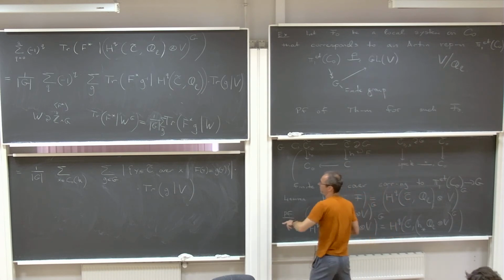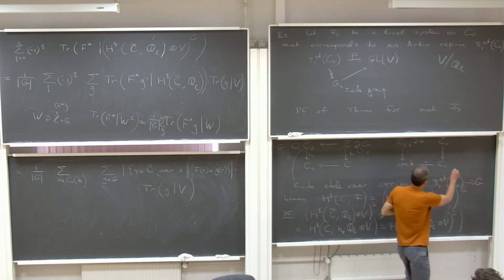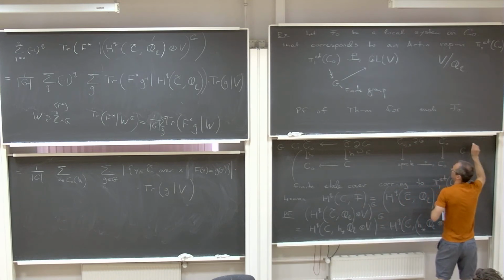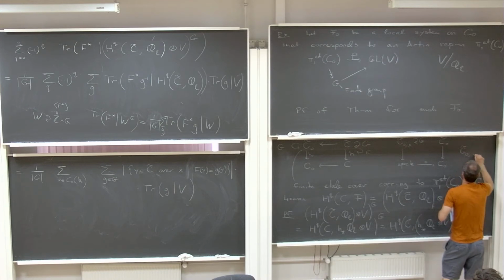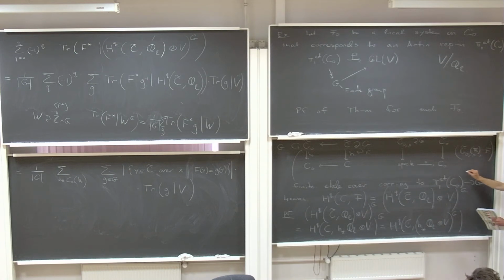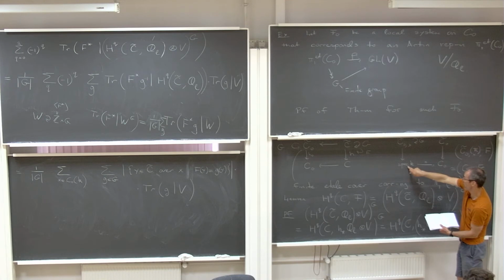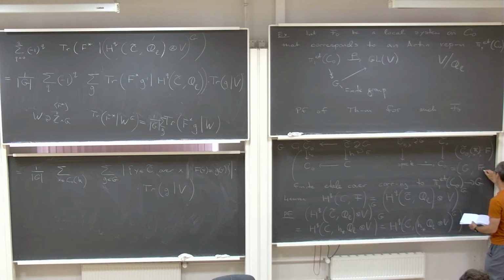The additional information that I will have is that we can identify this C0 x K bar, which is a finite set with an action of the geometric Frobenius, with G. This has a simple transitive action of G, so I can identify it with G. And the geometric Frobenius will correspond to the arithmetic Frobenius, which is the image of the generator in the fundamental group, Frobenius corresponding to this point.